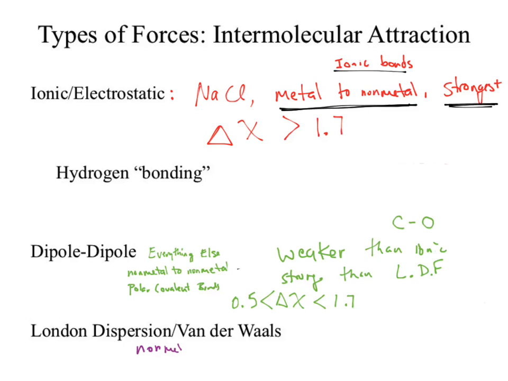Why is our definition for dipole-dipole now questionable? They're both non-metal. I did it right once, and for whatever reason, the second time, I can't put the N in. So both of them are non-metals to non-metals, which means that definition is not useful, not worth memorizing.